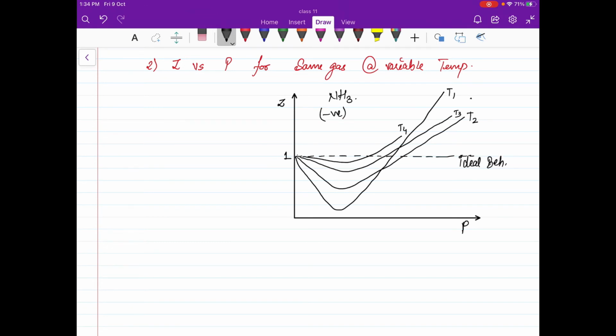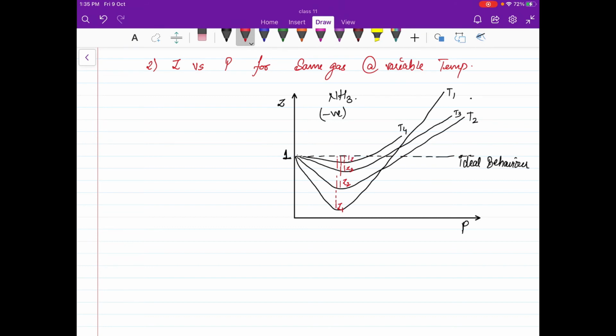With respect to the ideal behavior, this was the ideal behavior, Z is equal to 1. But we are able to see that there are different values of Z over here. See this? This is at temperature T1, so I would name this as Z1. This is at temperature T2, I would name it Z2. This is at temperature T3, Z3.